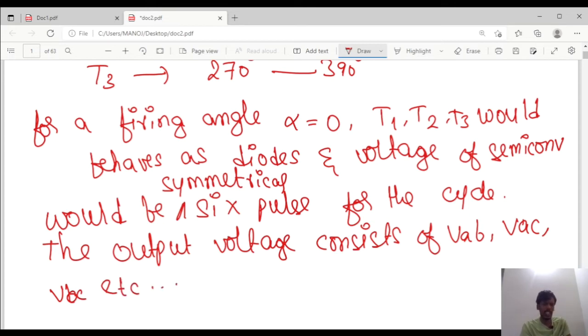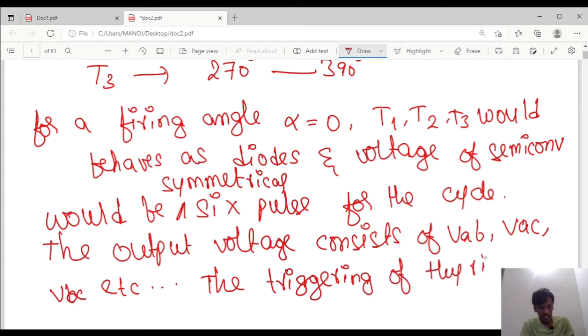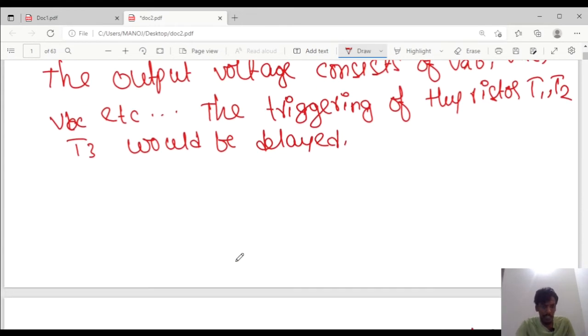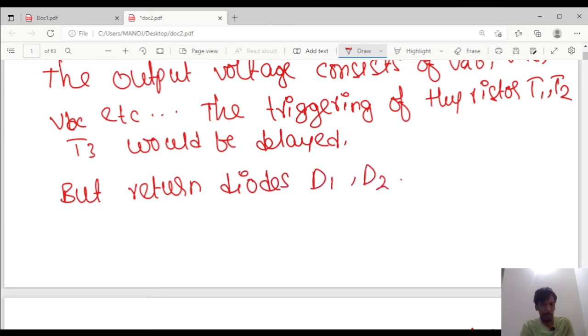So the output voltages will vary as VAB, VBC and VCA, and the triggering angles of thyristors T1, T2, T3 would be delayed, but the return diodes D1, D2, D3 remain unaffected for alpha equal to 0 degrees.